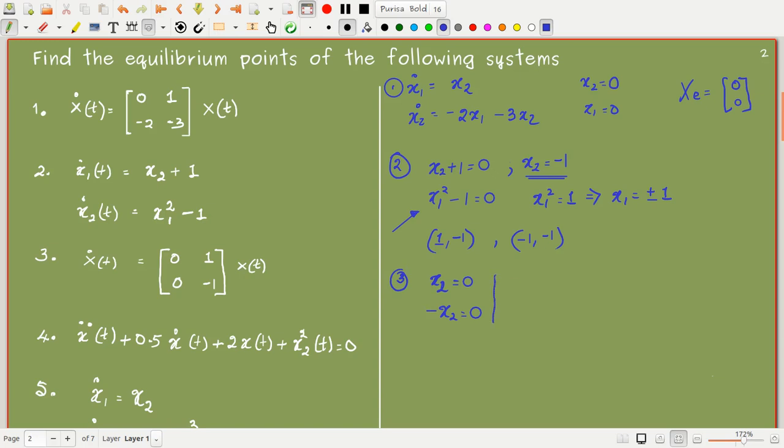So x2 equal to 0 is one of the conditions for the equilibrium point, and since there is no information about x1, I can have x1 to be any arbitrary value. So I can consider the whole x1 axis as the equilibrium point axis. If this is the x1 x2 plane, x2 is 0 on this line, so this whole line will be the equilibrium points.